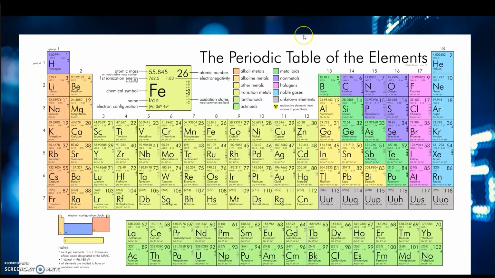And here you see the periodic table of the elements. In the vertical direction, you can see the groups, group 1, group 2, up to group 18. And in the horizontal direction, you see the periods, and there are 7 periods in the periodic table.